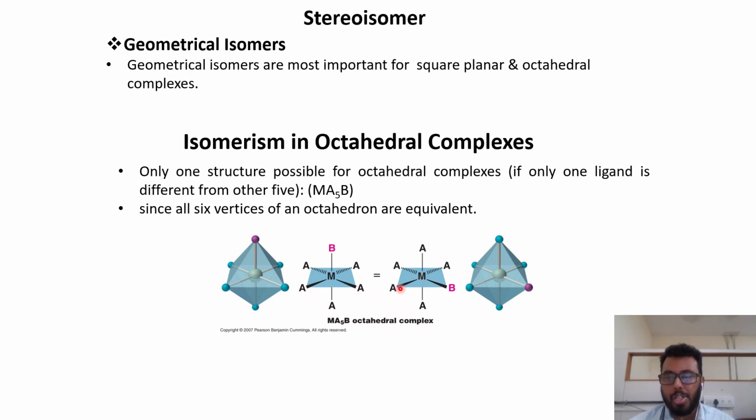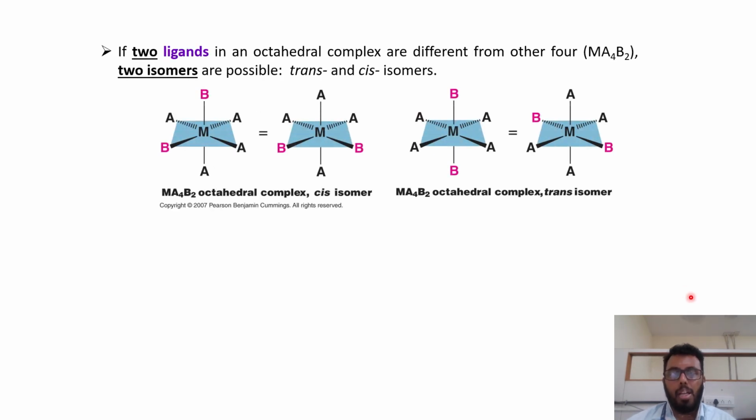And in this structure also you can draw an octahedral shape. When you connect these points, the ligands, you will get an octahedral shape. Here the B atom, the purple one, is different from all the other 5 A atoms. So this is an example of a stereoisomer. Okay, now we have seen the MA5B type.